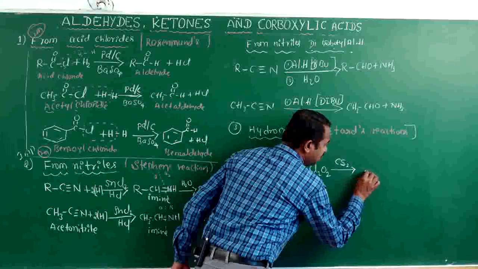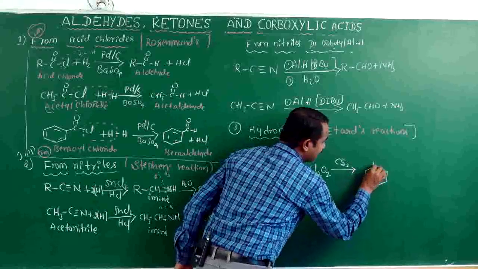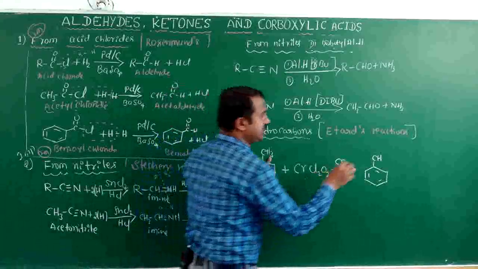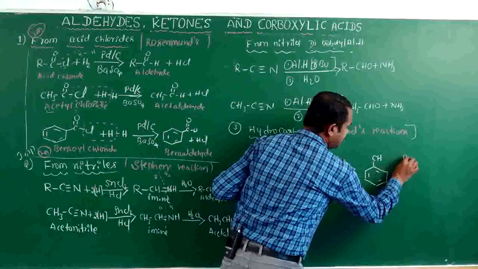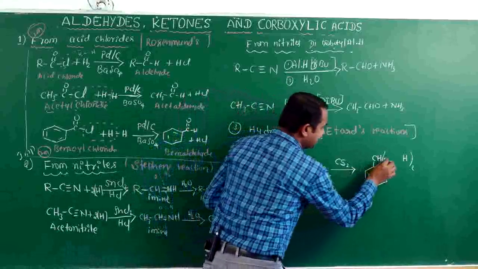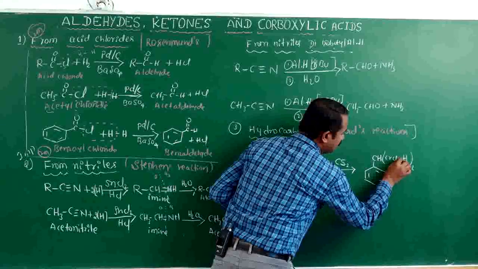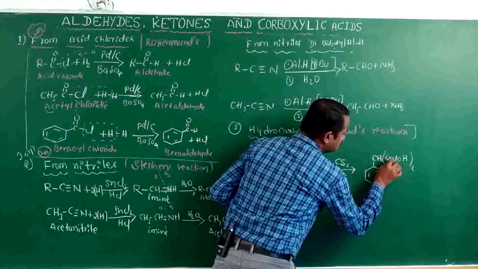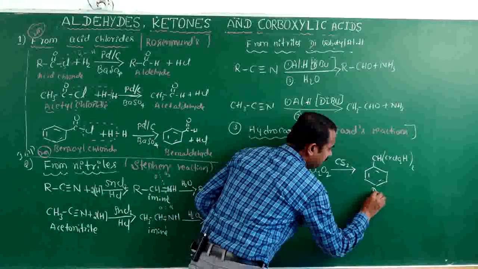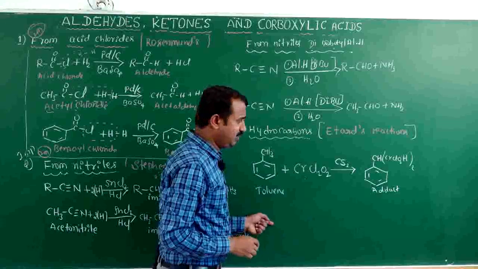Intermediate means adduct or chromyl intermediate product. C6H5CH with 2 hydrogens and here CrCl2O2. This is the intermediate, called the adduct.